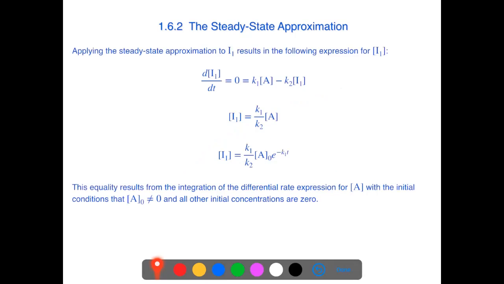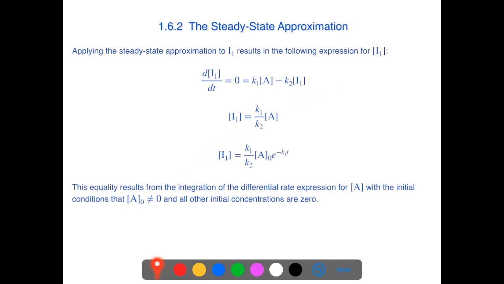So how do we go about solving for the product concentration when implementing this particular approximation? Well, let's apply the steady state approximation by setting the rate of change of each of those intermediates in our reaction scheme to 0.